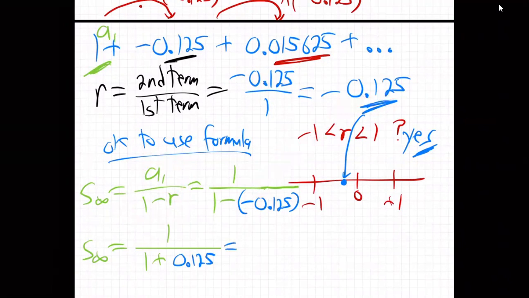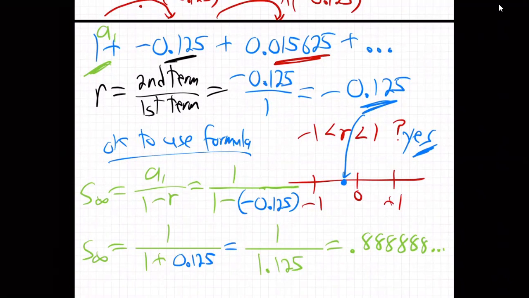So then this equals what? 1 over 1.125. Divide that on your calculator. I'm getting 0.8 forever. It puts a 9 at the end because it just rounded the last spot. So it's 0.8 forever.